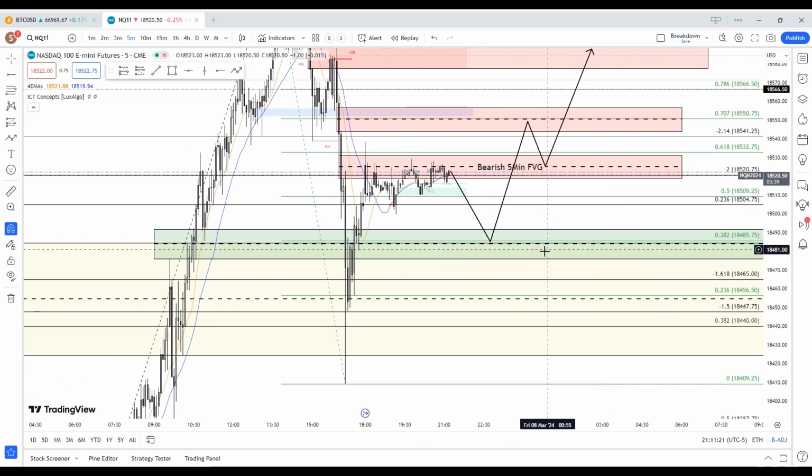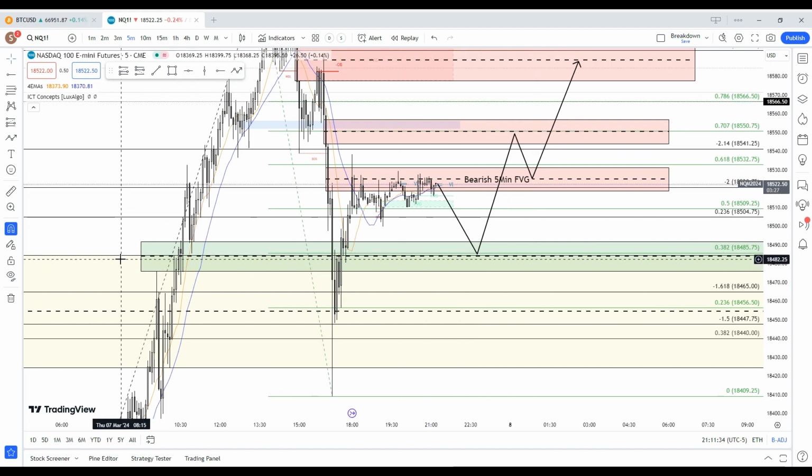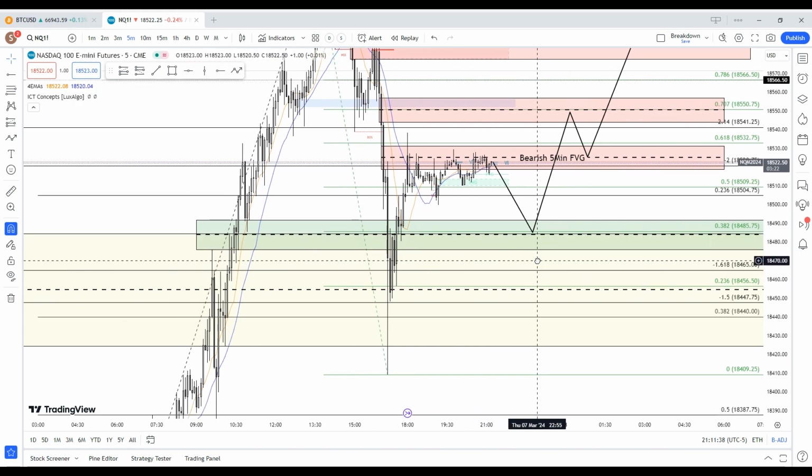That's what I would be looking for. The 50% consequent encroachment of this hourly bullish fair value gap to go long, which is also the top of the gap itself on a daily time frame, right?